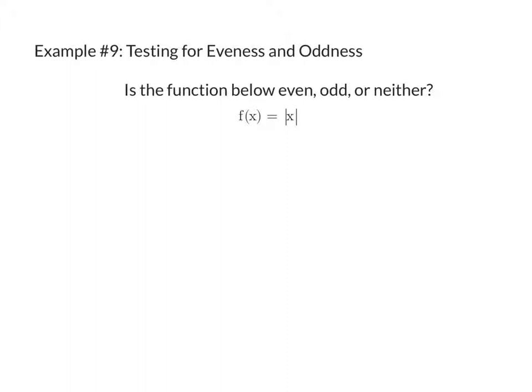So the first one says, is the function even, odd, or neither? Graphically, this graph looks like this. It's the absolute value function. And the way I can tell is that it's symmetric about the y-axis. Like if I spin it around the y-axis, it's symmetric.